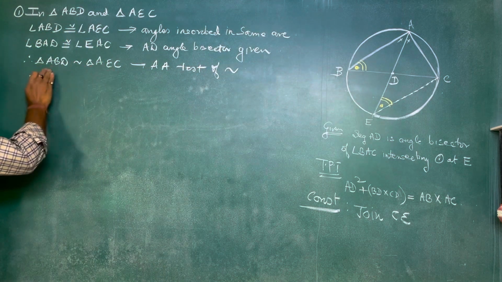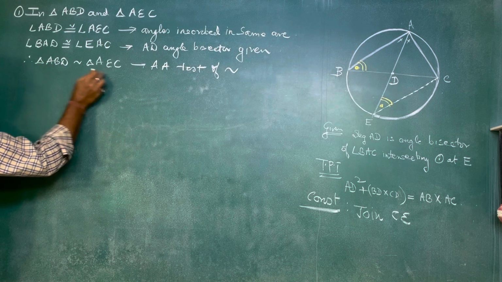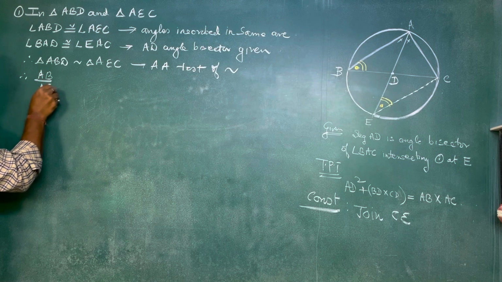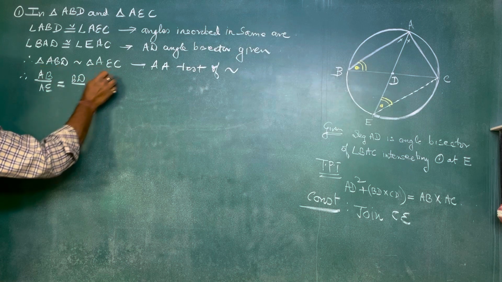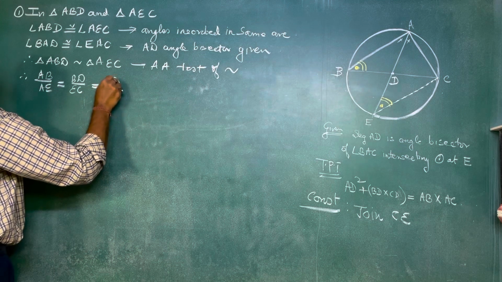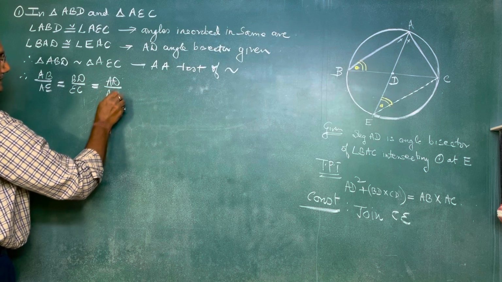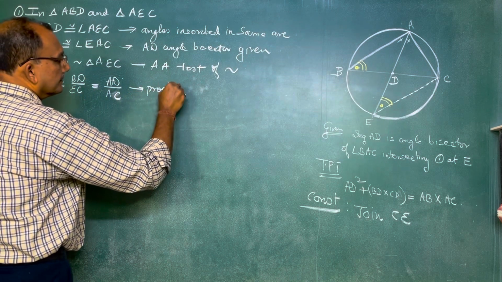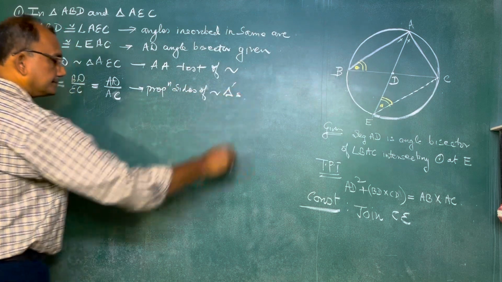If the triangles are similar, we can get proportional sides. First two upon first two. So that gives me, therefore, AB upon AE is equal to BD upon EC is equal to AD upon AC. These are proportional sides of similar triangles.